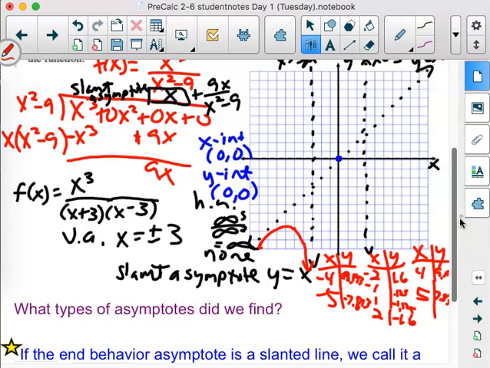And then we had -2, 1.6. -1, 0.125. 0, 0, of course, which we already knew. 1, -0.125. 2, negative 1.6. And then jumping over to the right side of x equals 3, we have 4 at 9.143.